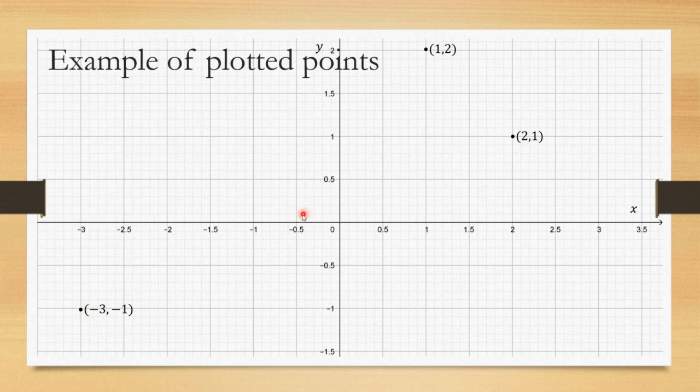We do that by going 3 units to the left, and then we go down 1 unit. Why down? Because it's negative. And we went down 1 unit. 1 is the absolute value of -1. So that's what happens here.